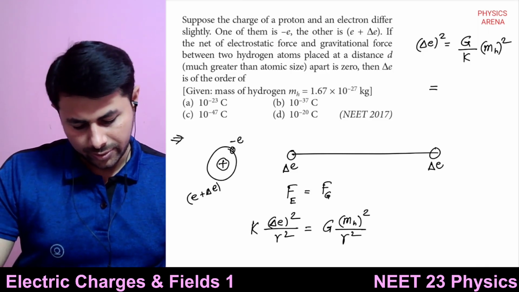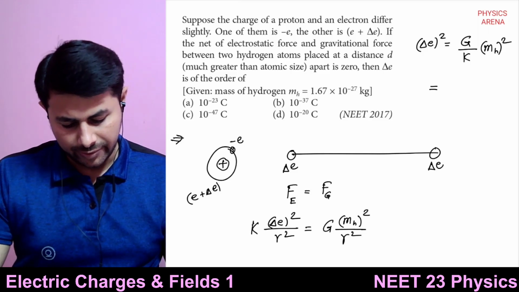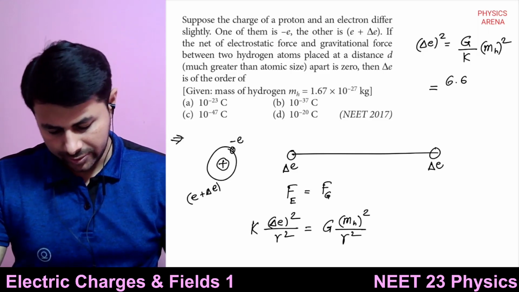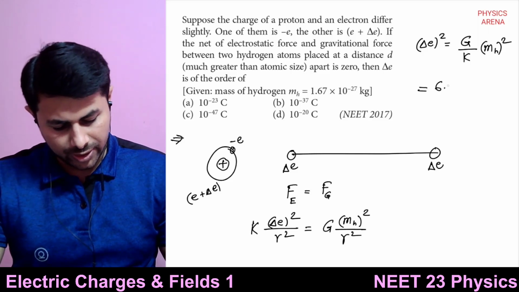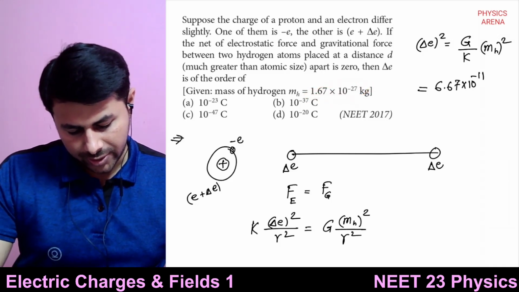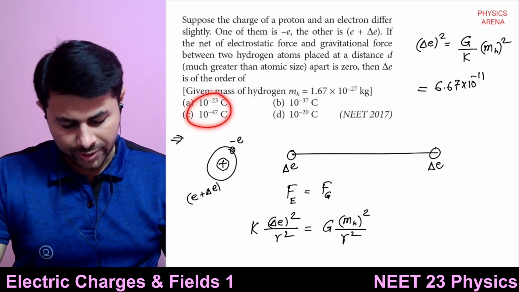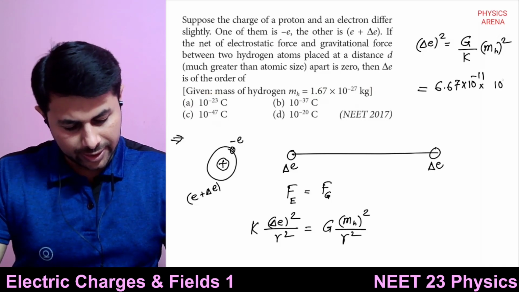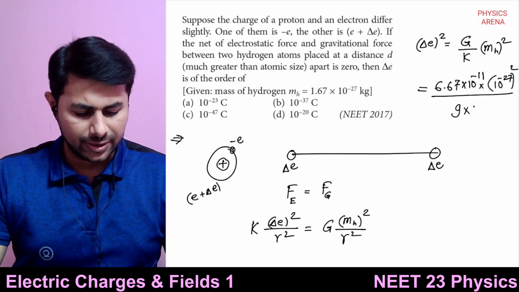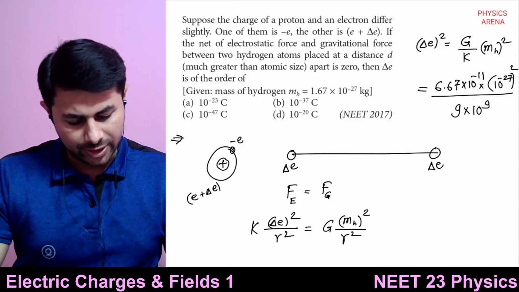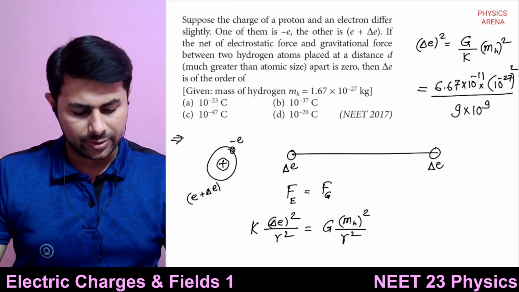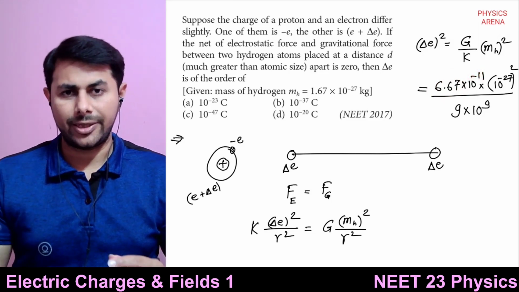Okay. So what is G? The value of G is 6.67 multiplied by 10 raised to minus 11. Okay, the mass of hydrogen is 1.67 multiplied by 10 raised to minus 27. So we just want the order of magnitude. Okay, this is 10 raised to minus 27, and we have the square of that, divided by K, which is 9 multiplied by 10 raised to 9. Right? So let's find out the order of magnitude. So this is of the order of 10. 10 multiplied by 10 raised to minus 11 is 10 raised to minus 10.